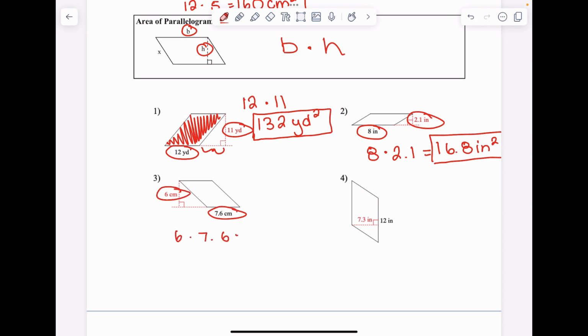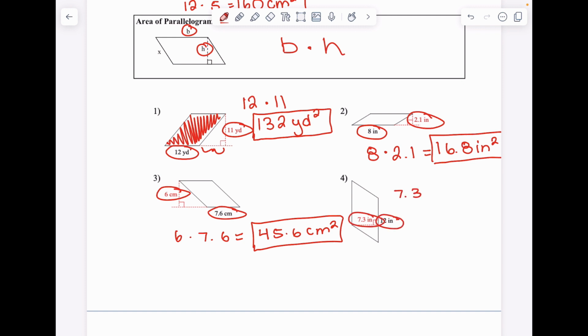Multiplying those together, I get an area of 45.6 centimeters squared. And then in number 4, I have a base of 12 inches and a height of 7.3 inches. So multiplying those together, I get an area of 87.6 inches squared.